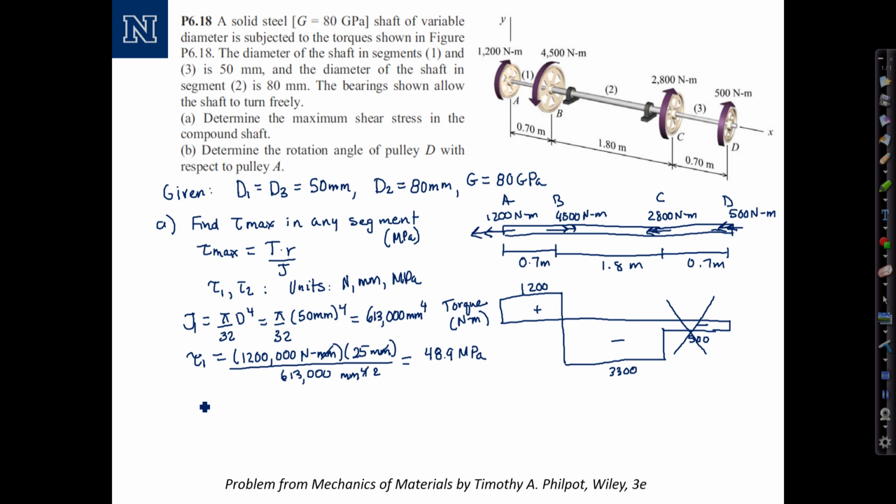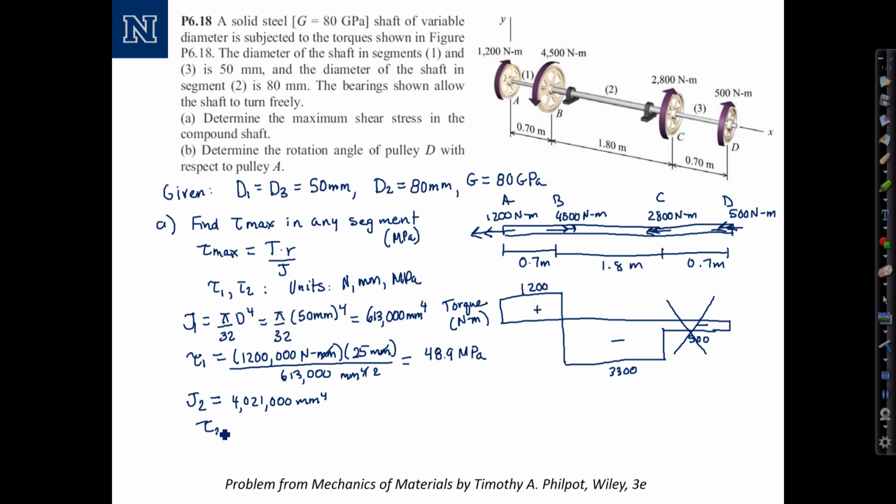To save some time, I'm just going to talk through it. For segment 2, we would evaluate J2 with the same formula using a diameter of 80 millimeters this time. That computes to 4,021,000 millimeters to the 4th.